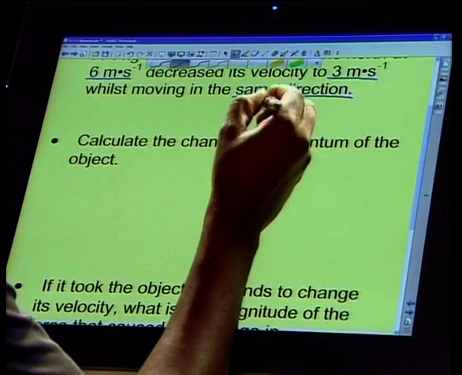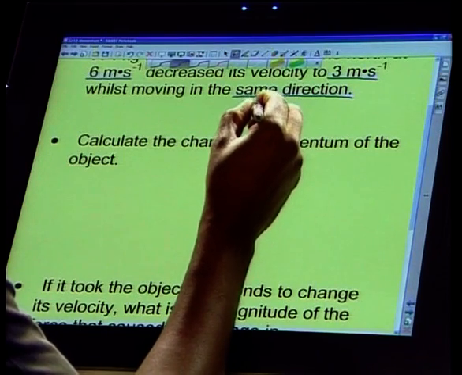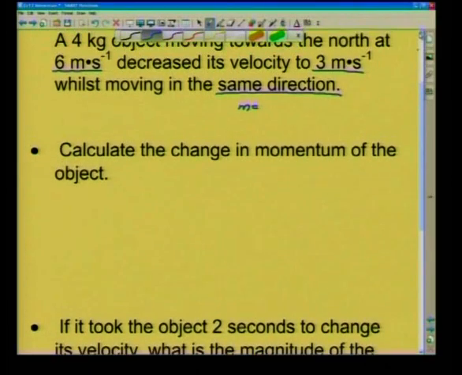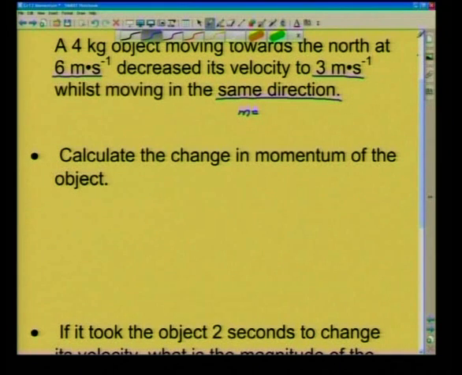So we have got the mass of the object. Can you still remember what it is? Please have your pens and books ready so that we work together. The mass is 4 kilograms. V initial, it was initially moving to the north at 6 meters per second.